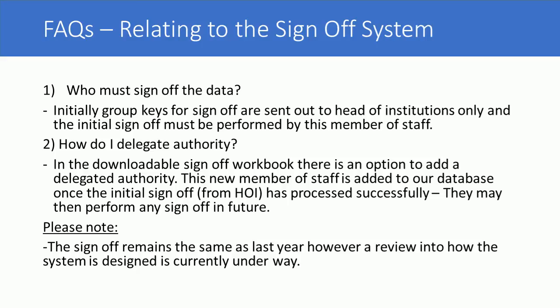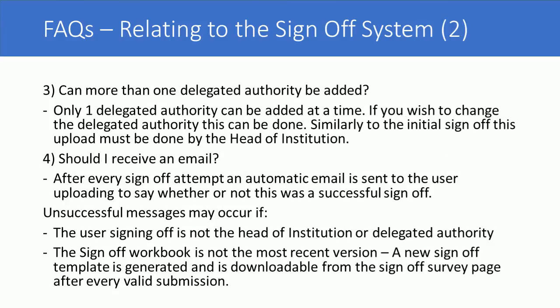And once they're added, they may perform future sign-offs. One thing to note here is that the sign-off remains the same as last year, and we did get quite a few queries about this, so we're currently reviewing how the system is designed, and it may change in the future.